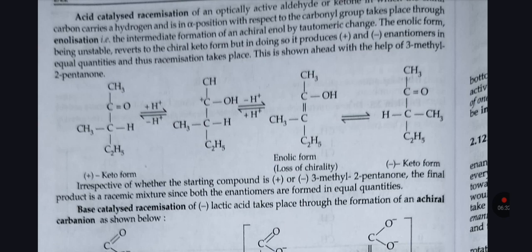This is shown ahead with the help of 3-methyl 2-pentanone. This is shown in this figure: the positive keto form, when H plus is added, will give this compound given further, and minus H plus will again give this positive keto form.